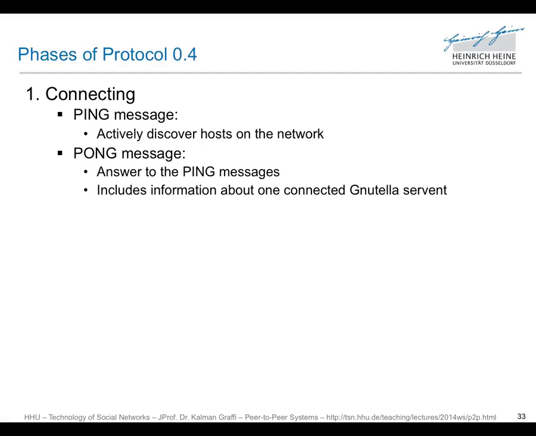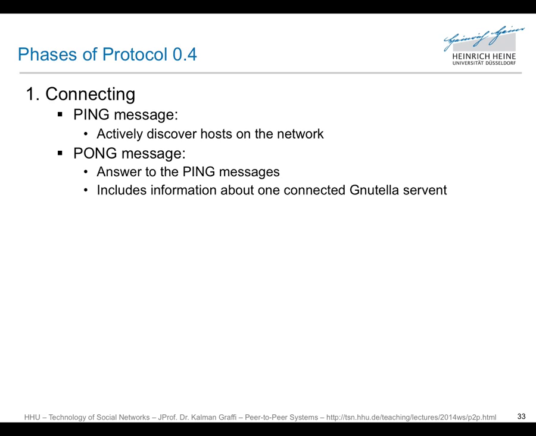So his neighbors will also learn about you, and they will also answer you. So within the next round, the neighbors of your first neighbor will answer you. And in the third round, you can also ping them, and their neighbors will answer you. So with every ping that you send to your neighbors, you extend your radius of known peers.